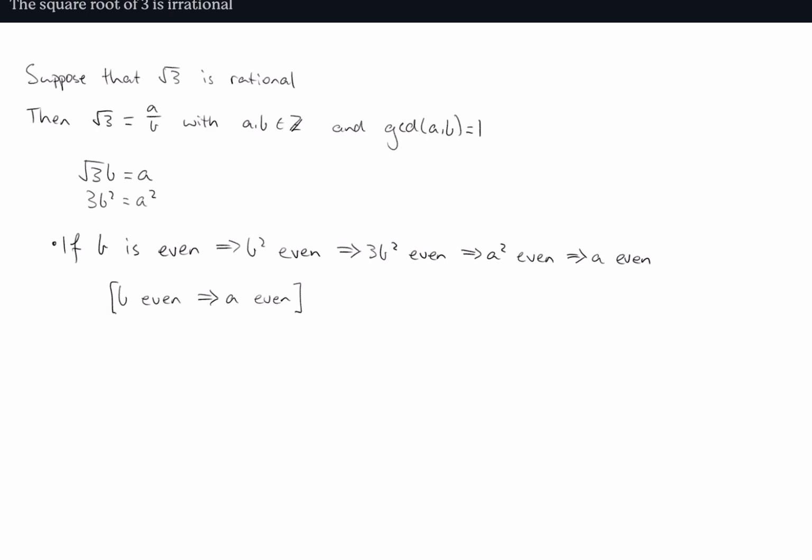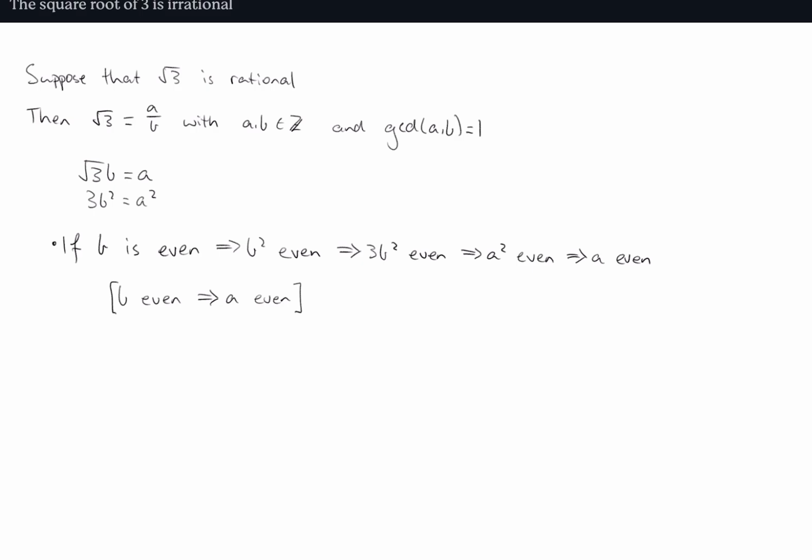So what are we supposed to do with this fact? If b is even and a is even, we have these two values in this expression being even, and you can see that this is not really possible given this assumption. Because if the greatest common divisor of a and b is 1, and the values of a and b are both even, it means they're both divisible by 2, which is definitely greater than 1.